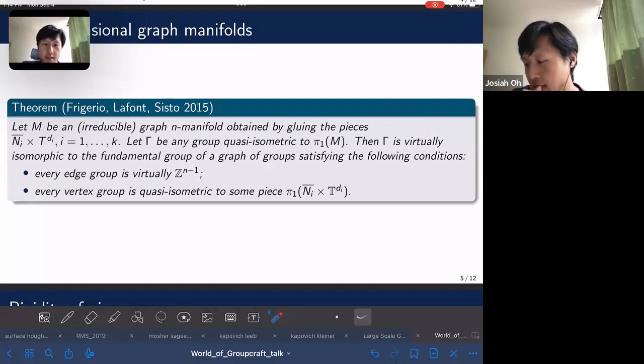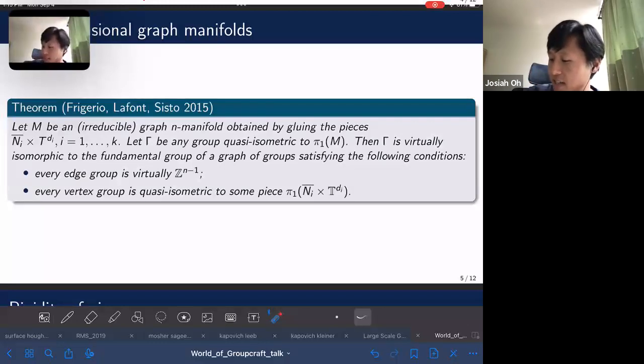The way you should be reading this theorem is that all we're assuming is that a group is quasi-isometric to pi_1 of M. Pi_1 of M we know is the fundamental group of a graph of groups. And the point is that gamma is then forced to be also the fundamental group of a graph of groups, very much like pi_1 of M.